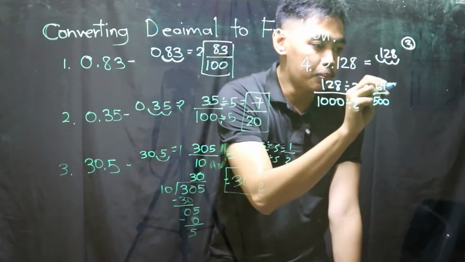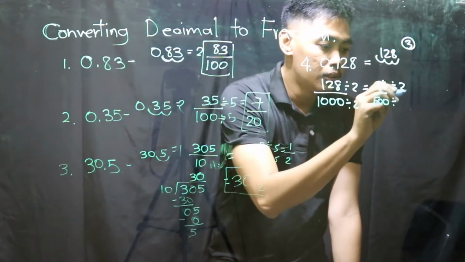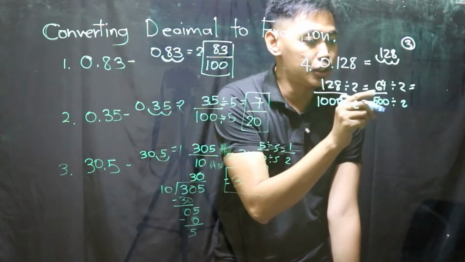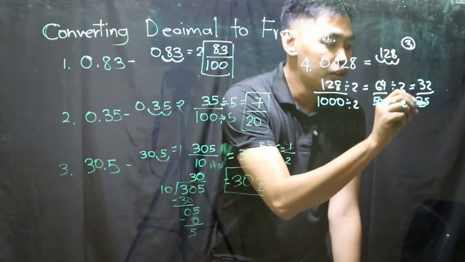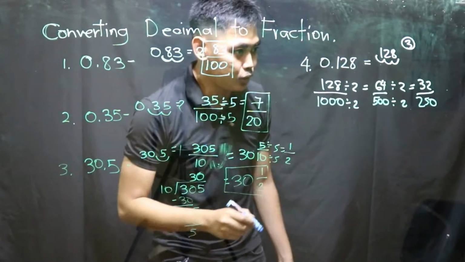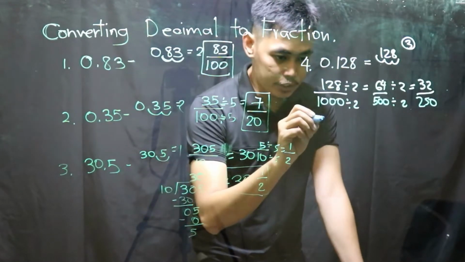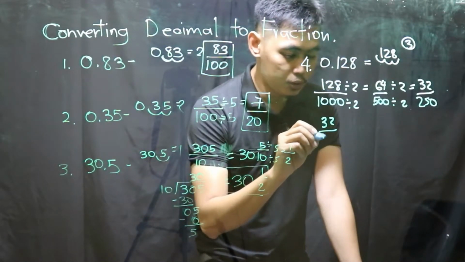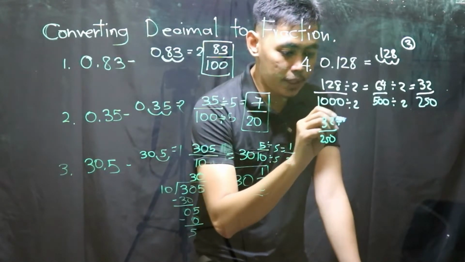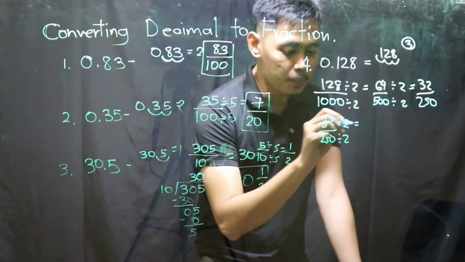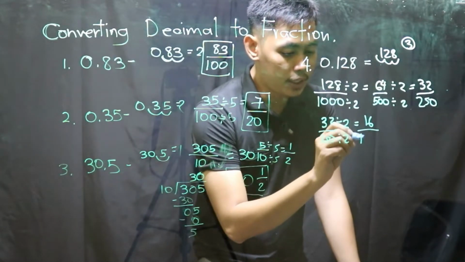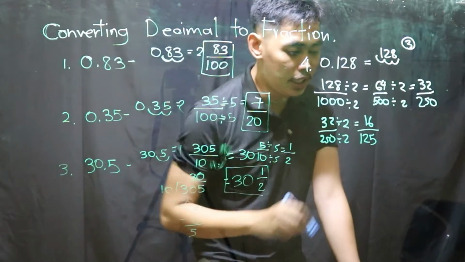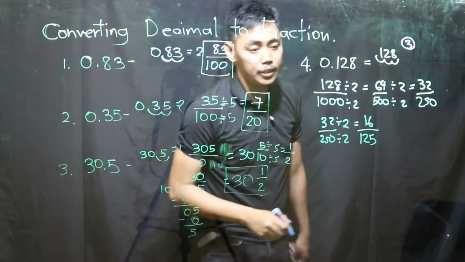We can still divide it by 2. So this is 32 over 250. Can we still divide it by 2? Yeah, so we have 32 over 250 divided by 2. This would become 16 over 125.